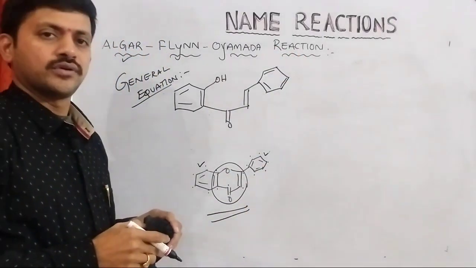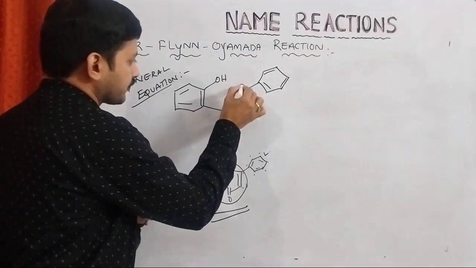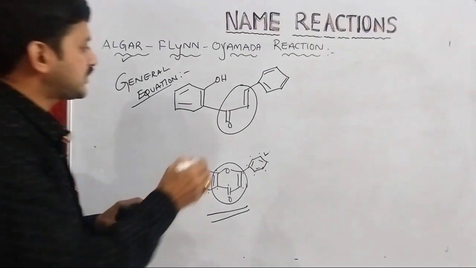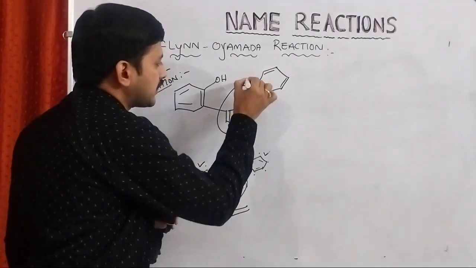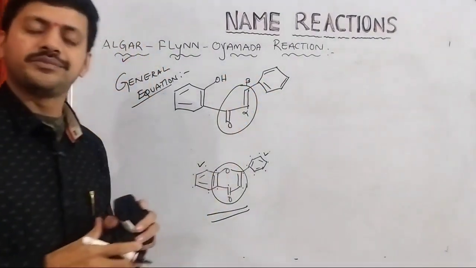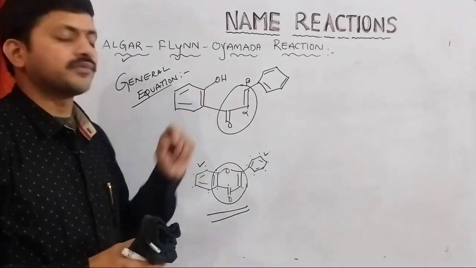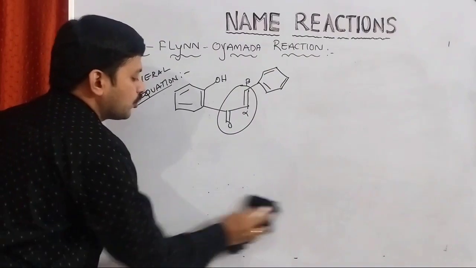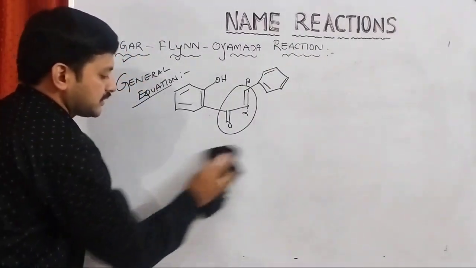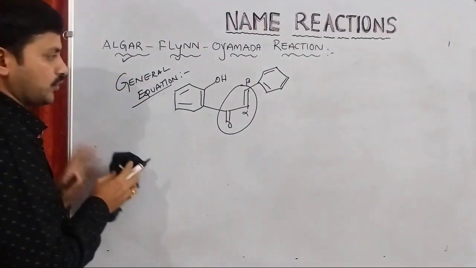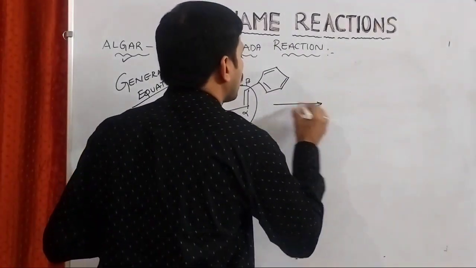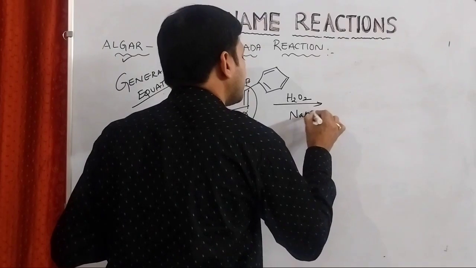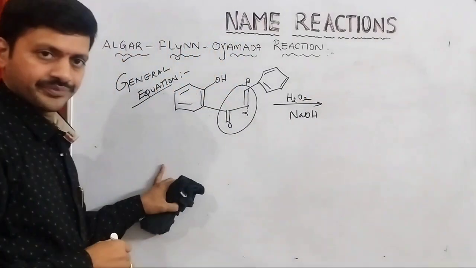This is one chalcone, an alpha beta unsaturated ketone. With respect to the keto group, this is the alpha position and this one is the beta position. That's why this compound is commonly called a chalcone. The chalcone is converted into the corresponding flavonol. Here we have the reagent alkaline H2O2. It can be represented in this way.